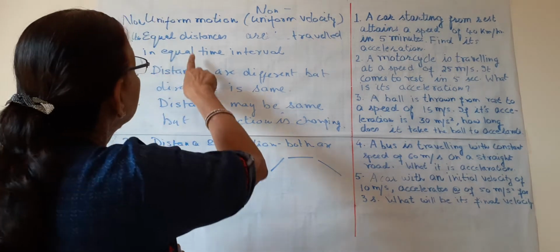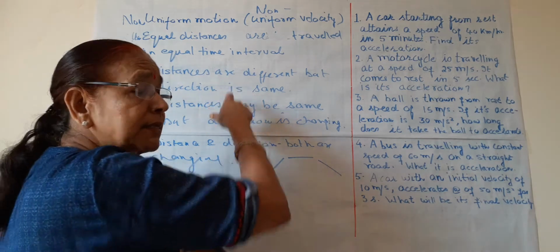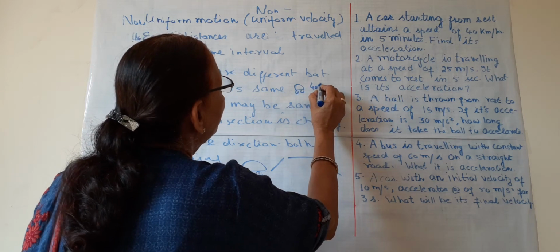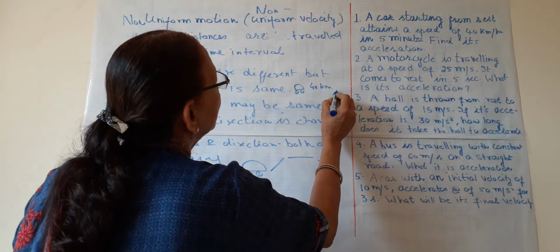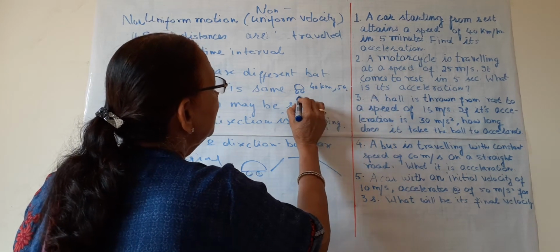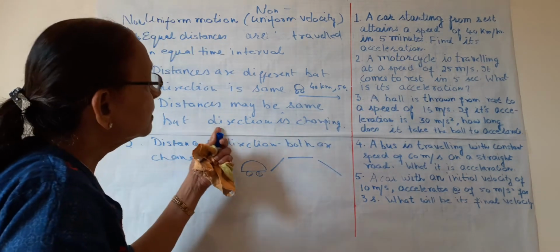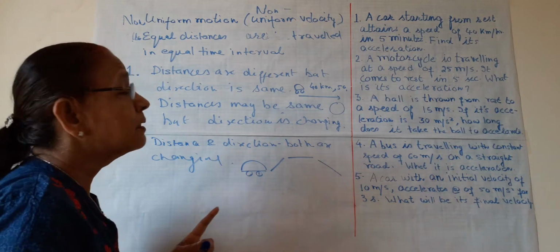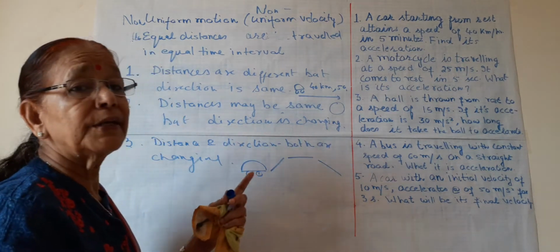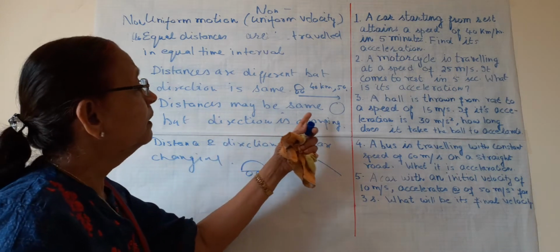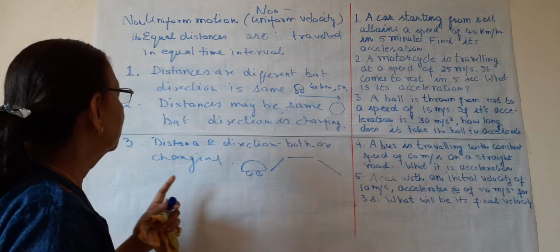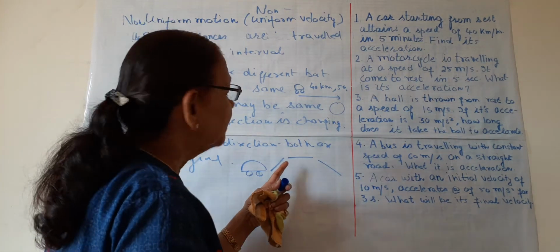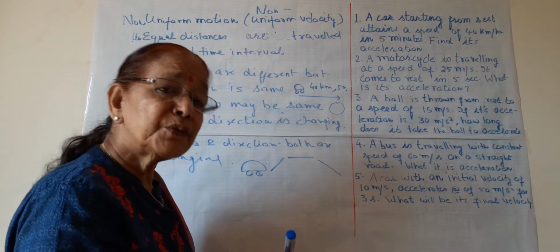Again I will repeat, there are three conditions. When the distance or speed is different, this is the example of the car: 40 kilometers, then 50, then 60 kilometers, but the direction is the same. Second, the example of an athlete running on a circular path: the direction is changing every moment, but the distance covered or the speed is the same. Third, the car running on a busy road is changing its direction and its speed also.